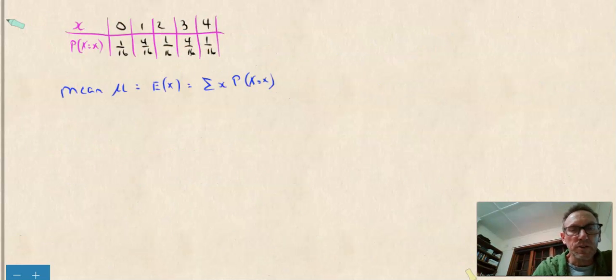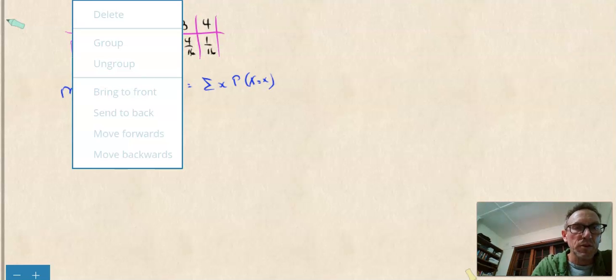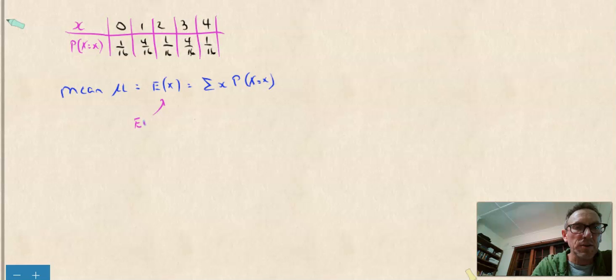Okay, we're going to consider now some of the parameters of our distribution function. Firstly, the mean of our distribution is our expected value. This E(X) means expected value. Expected value and mean are synonymous when we're talking in terms of probability distributions. Expected value is the sum of x multiplied by the probability that X equals x, so the sum of these products.